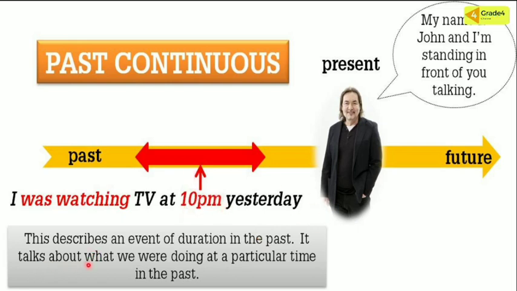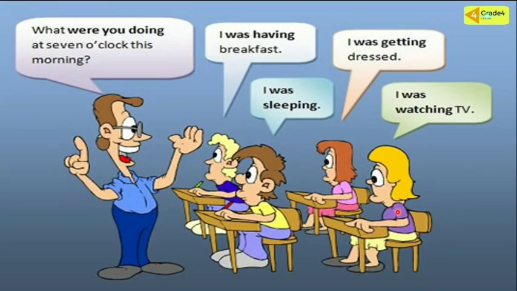It talks about what we were doing at a particular time in the past. Like this, this is the picture on the beginning of the slide. Yeah, it is the same.